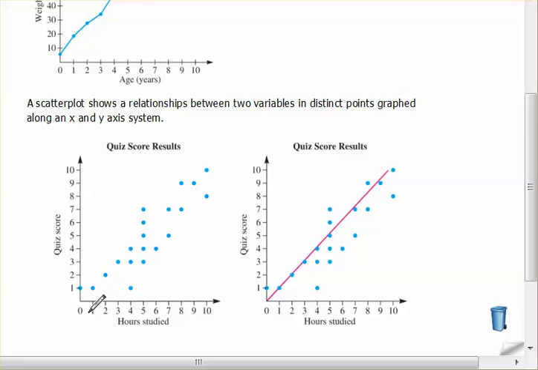Hours studied: somebody who studied 1 hour made a 1 on their quiz. Somebody who studied 2 hours made a 2 on their quiz, and so on and so forth. There's not really any values in between these two, so that makes that more discrete.